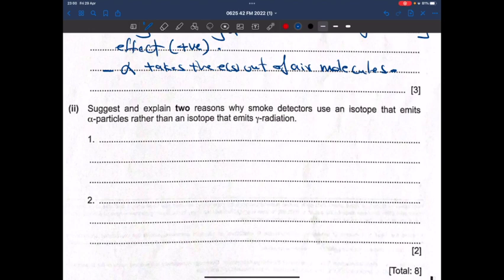So let me write that down here. Number 1, for example, we can say because alpha has a very small range, so it is safe. Also, we can add one point here: alpha can be detected easily.